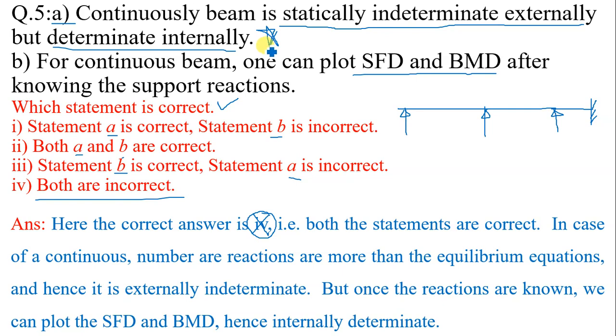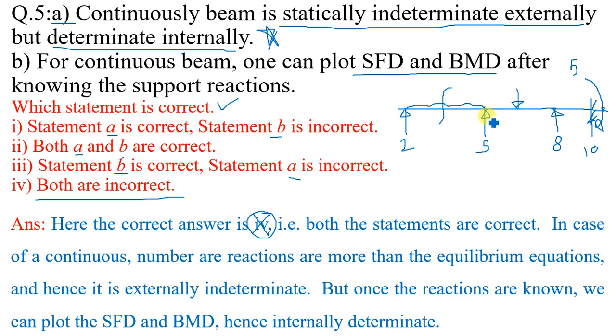But it is determinate internally. Once you know the reactions, suppose 2, 5, 8, this is 0, here this is say 10, and the moment at the support is say 5 kilonewton meter. If you know these reactions and the loading is given, one can easily plot SFD and BMD, and hence we can calculate the internal unknowns.